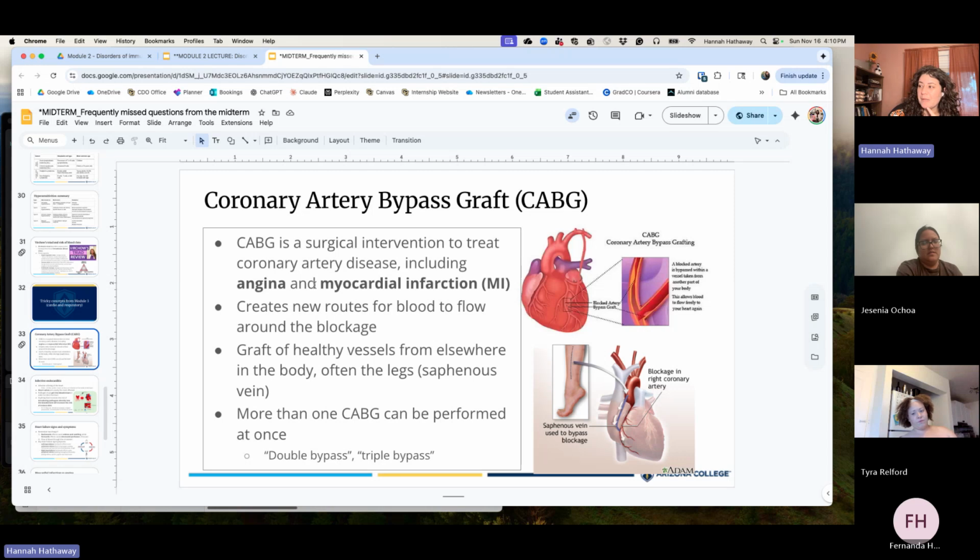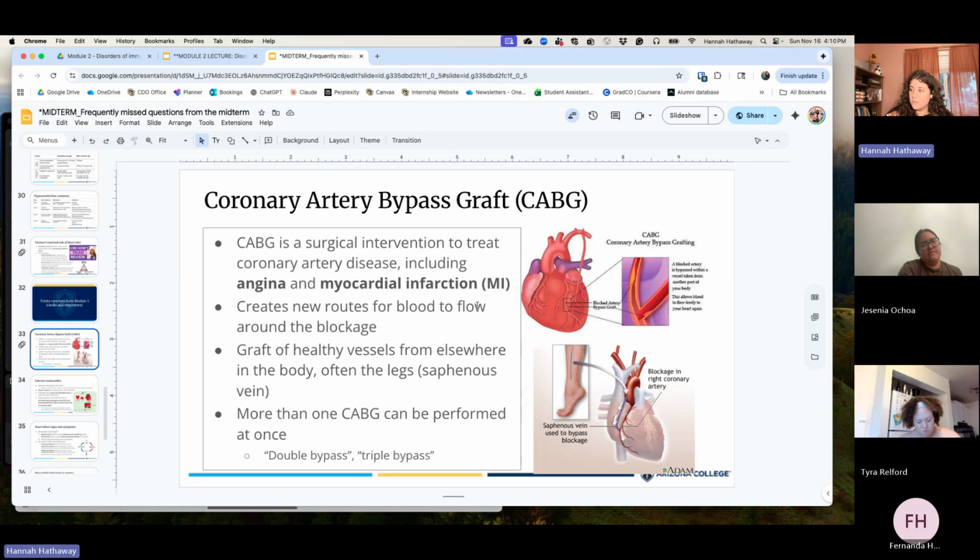Sorry, this slide made me remind myself of this. In module 3, when we're talking about things like myocardial infarction or angina, which are both essentially ischemic heart disease, so the heart's not getting enough blood, one of the treatments can be a coronary artery bypass graft, which you might have heard called a triple bypass or a double bypass.